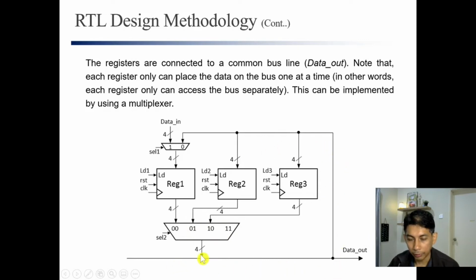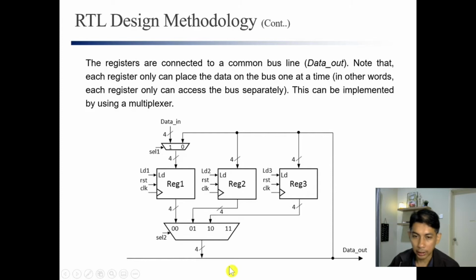But the difference is that on the highway you can have many different types of vehicle. You can have a car, a bus, a truck on the road at the same time. But for the computer bus, you cannot put different data at the same time. For example, you want to put the data from REG1 and REG2 into the bus.